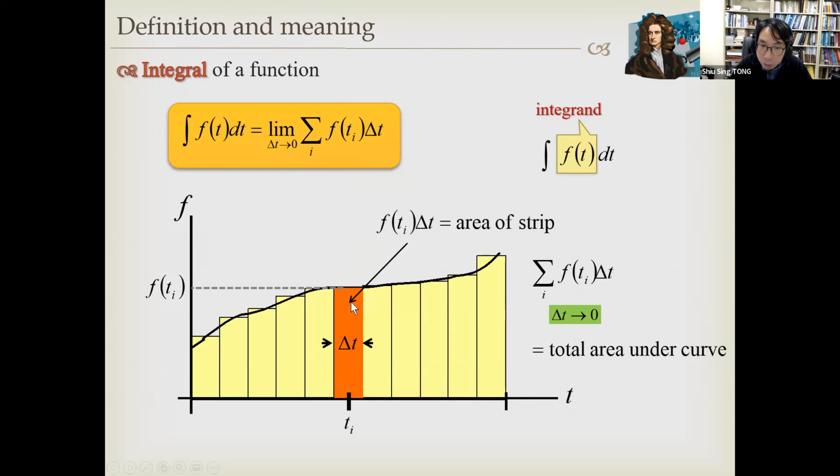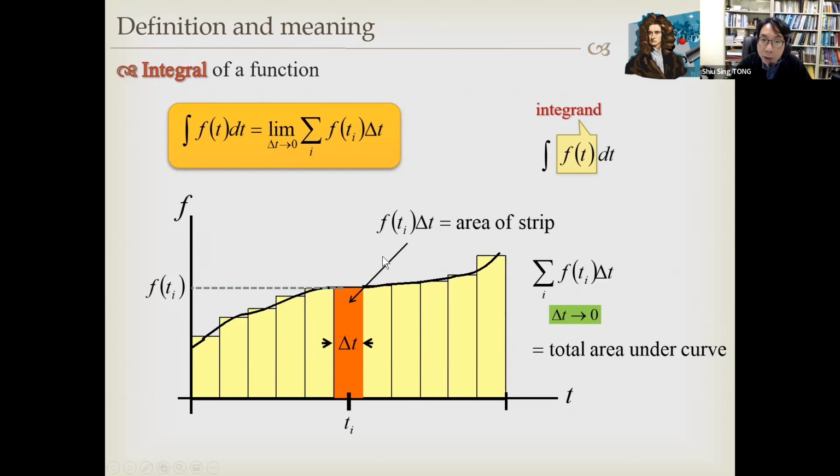And on the i-th strip, the time is ti. At this time, ti, the value of the function is f(ti). So it represents the height of the graph, right? The value of the function is the height of the graph at this point.